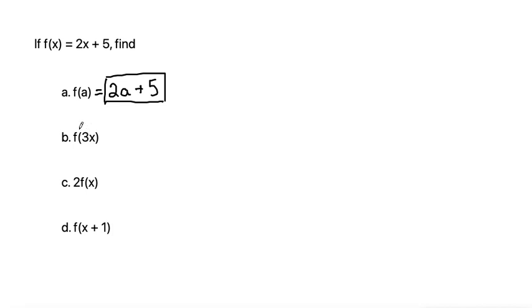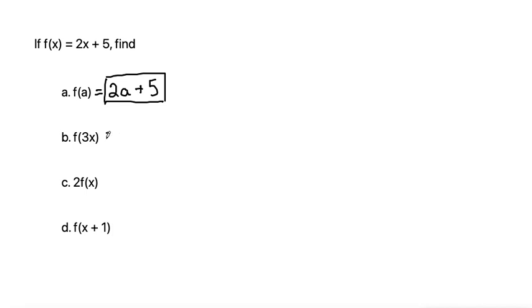Now if I have f of 3x, so I have something more than just a single variable or just a different letter that I'm plugging in. In this case, I want to substitute every time I see x in the original problem what is in the parentheses of the f of 3x. I want to plug in the 3x for x.